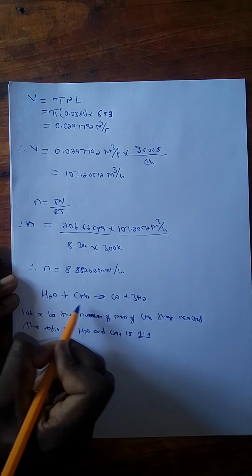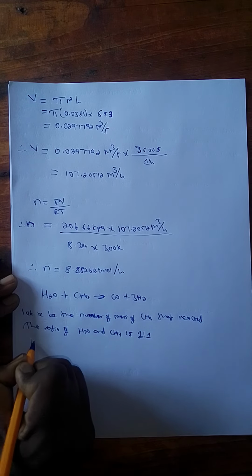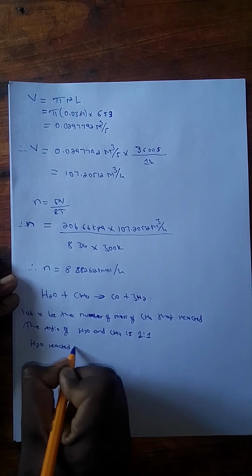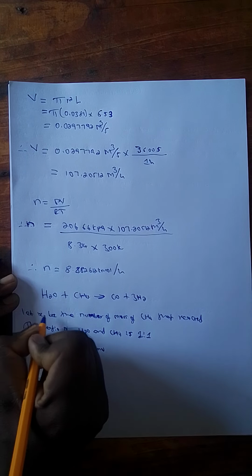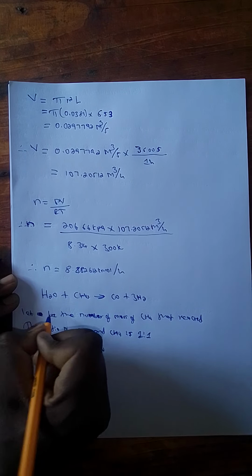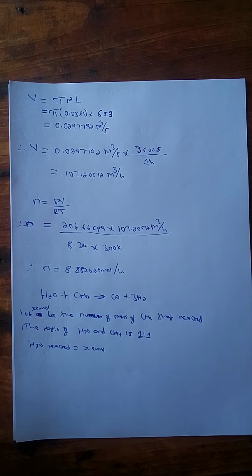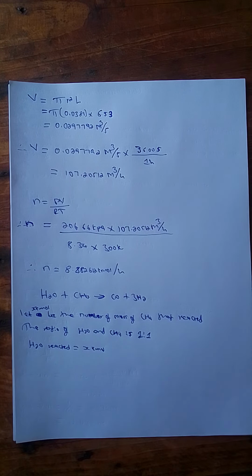Therefore, if X kilomole of CH4 reacted, therefore H2O reacted is equal to X kilomole, right? Let X kilomole be the number of moles of CH4 that reacted. So if X kilomole of CH4 reacted, then X kilomole of H2O reacted.